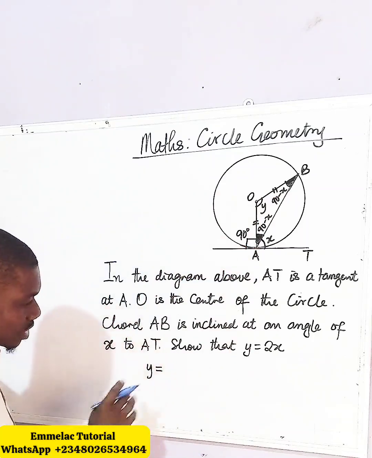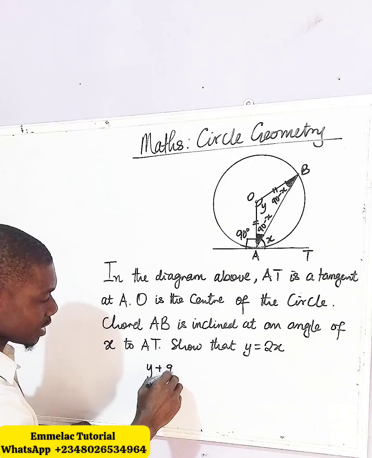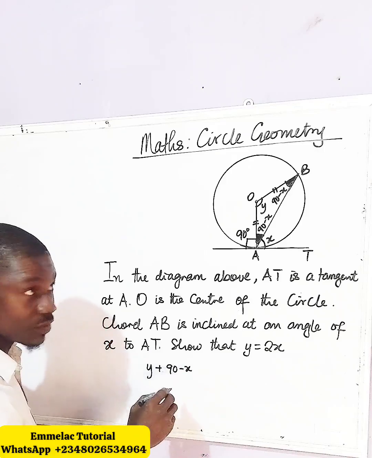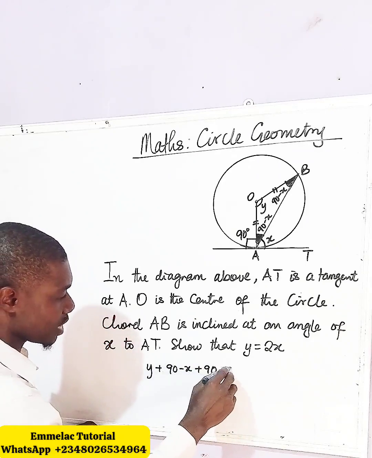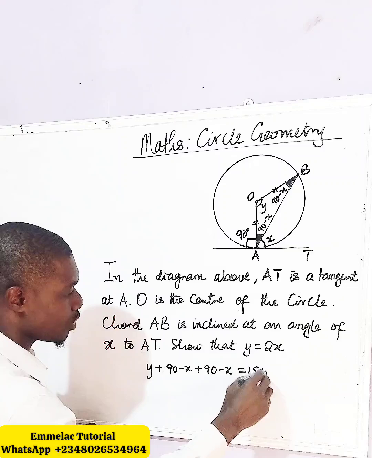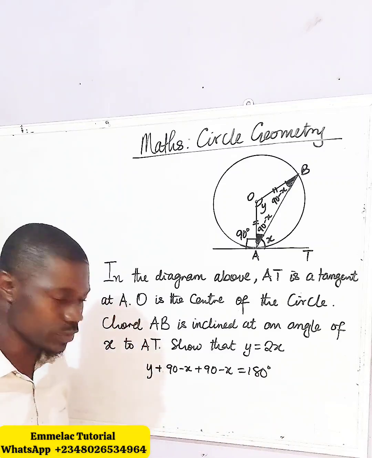So let us say y plus 90 minus x, plus 90 minus x, sums up to give us 180 degrees.